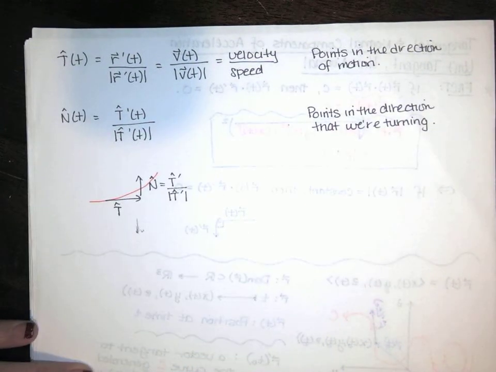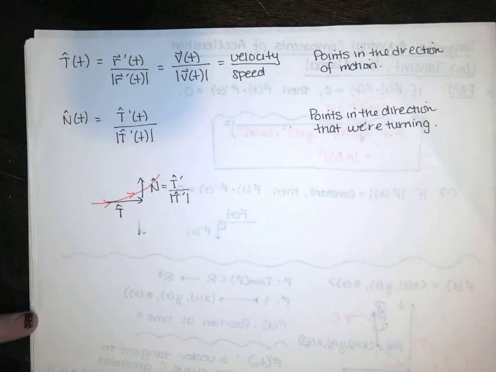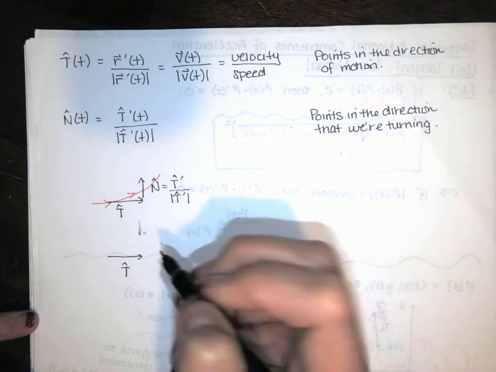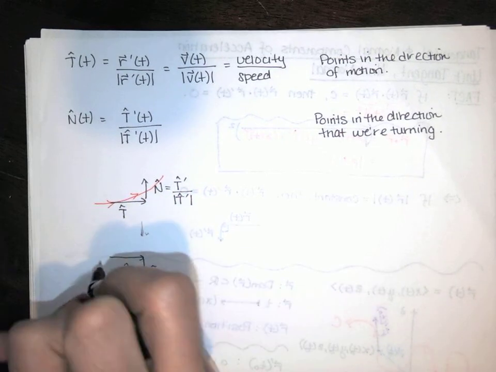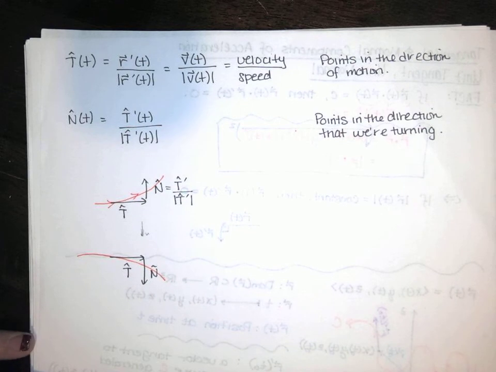So it might look like that as t increases, or the other option, from some point of view, it might look like this. So my t hat changes by a little bit.